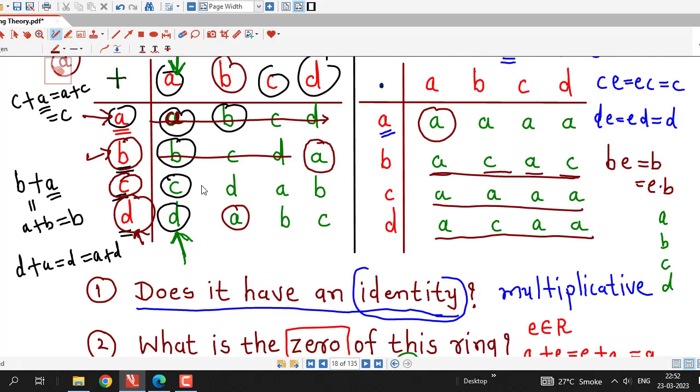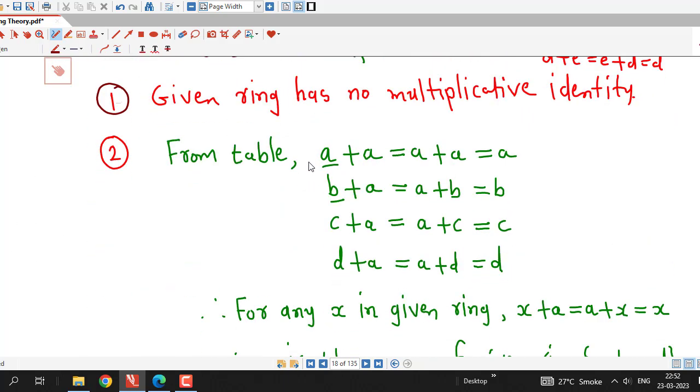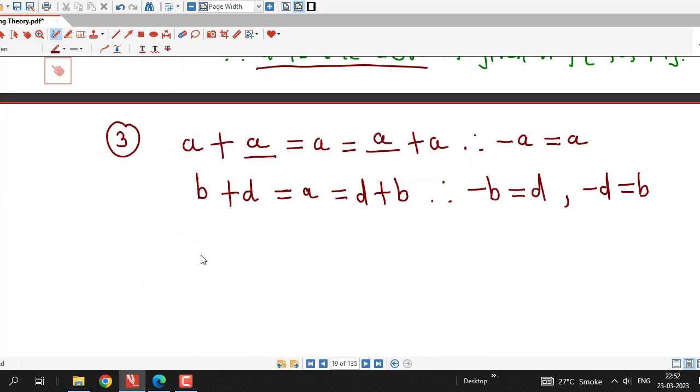For element C, we search here and here we obtain additive identity, which is 0. So C plus C is equal to A. From the table we find that C plus C is A. That means inverse of C is C itself. Therefore inverse of C with respect to addition is C.